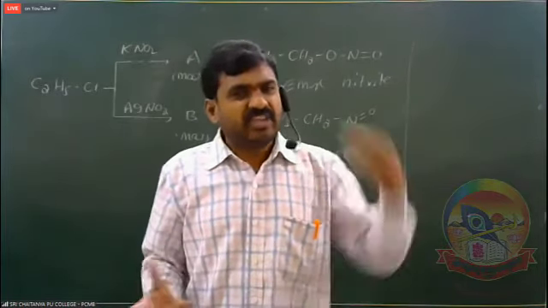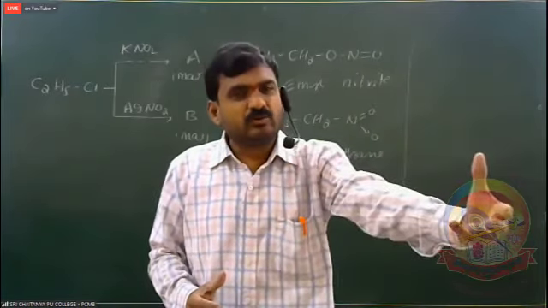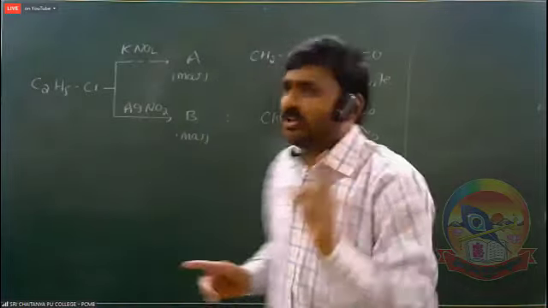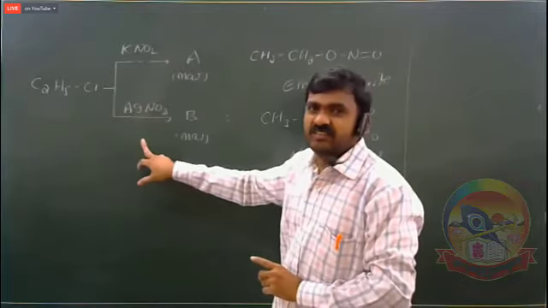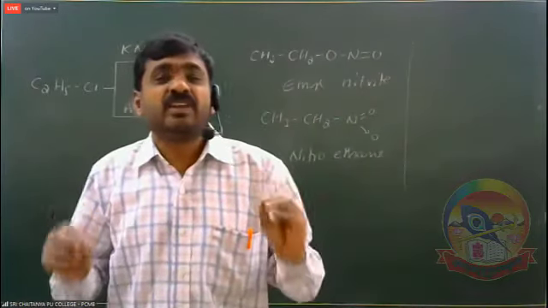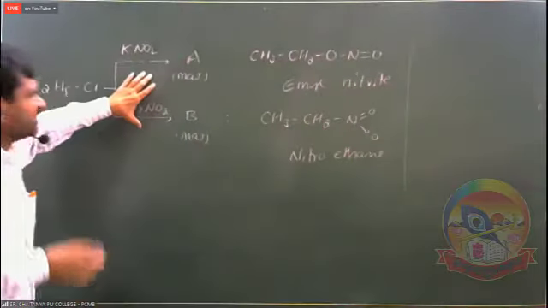Next, treated with KCN, then with AgCN. Then treated with KNO2, and with AgNO2. Okay? If you practice organic chemistry like this, with conversion-type flowcharts, then it is easy. Otherwise, it is very difficult.